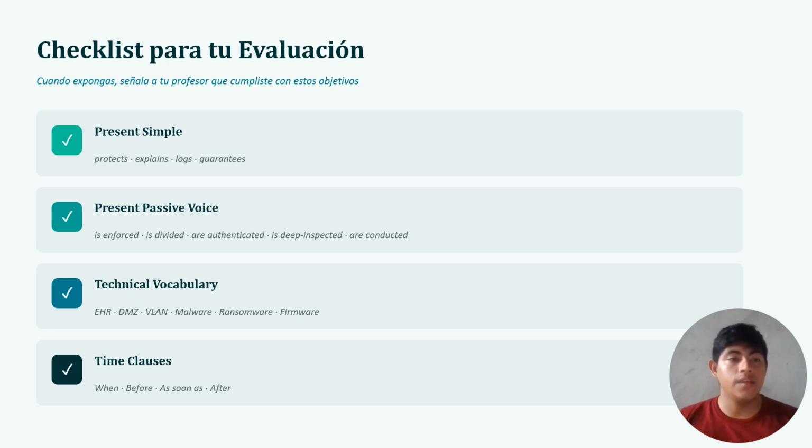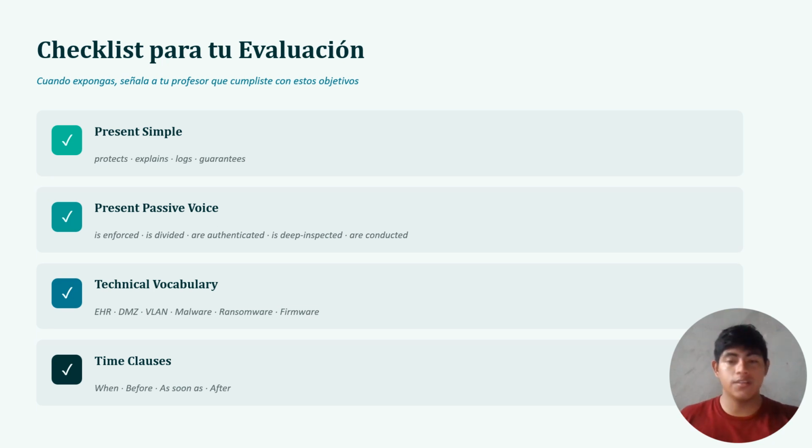Third, specific technical vocabulary such as DNS, VLANs, malware, ransomware, and firewall. Finally, time clauses connectors like before, as soon as, and after, to order security actions in sequence.